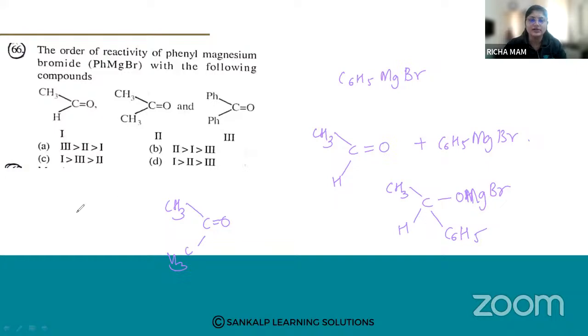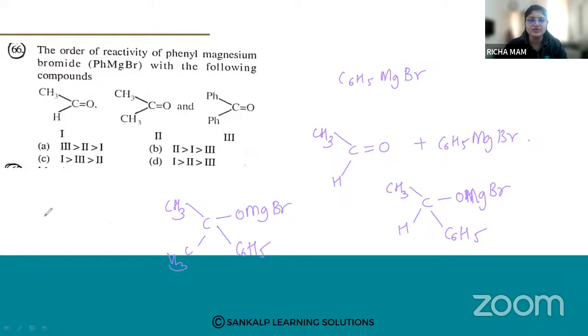I'll get C6H5, OMgBr. If you hydrolyze, this will be OH, so MgBr will go and we will get an OH.